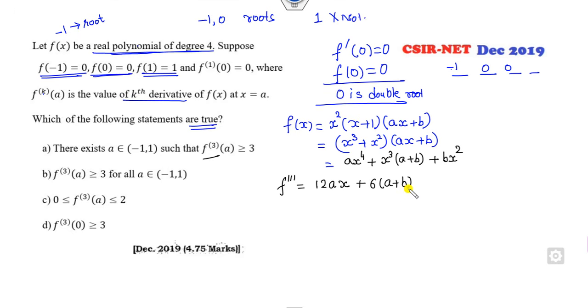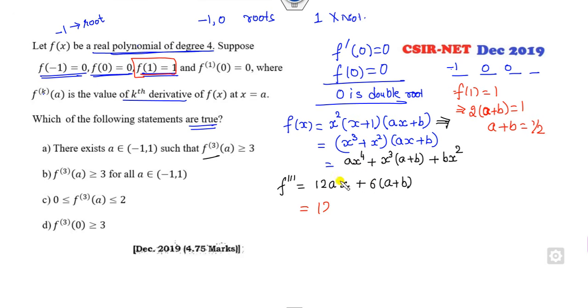Now what are a and b? As I see, what is the value of f of 1? F of 1 is 1. If you substitute here, it's 1, it's 2 times a plus b, which is my 1. So a plus b is my half.